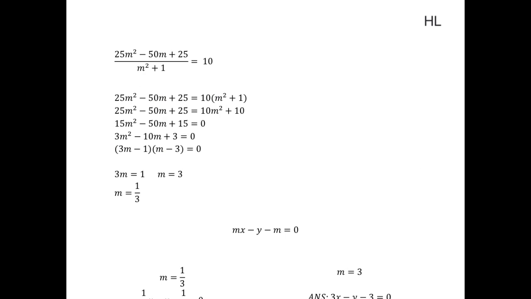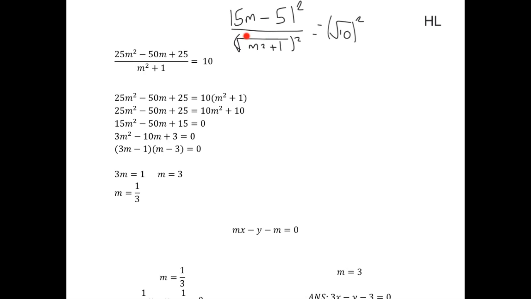So in the previous slide, you'll recall we had 5m minus 5, all to be squared, over the square root of m squared plus 1, all to be squared, is equal to the square root of 10 to be squared.